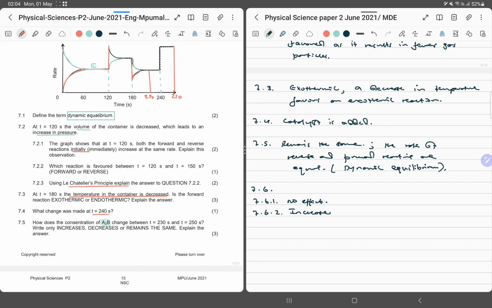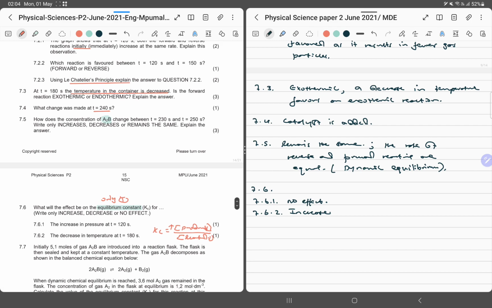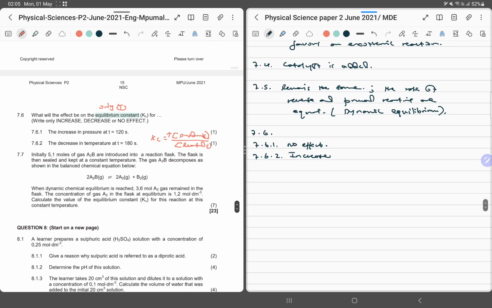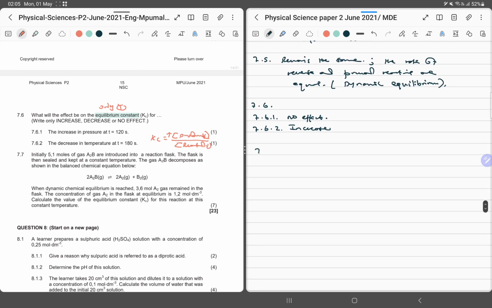So let's move on. Is there any more? Yeah, there's more. The big one, 7.7. Now, initially, 5 moles of gas A2B. So let's write this thing down.